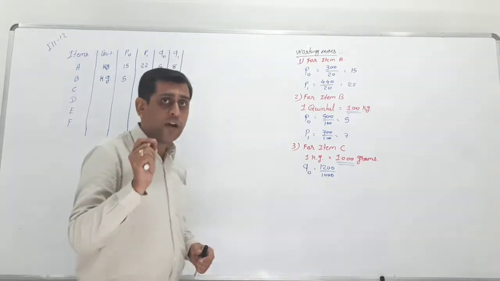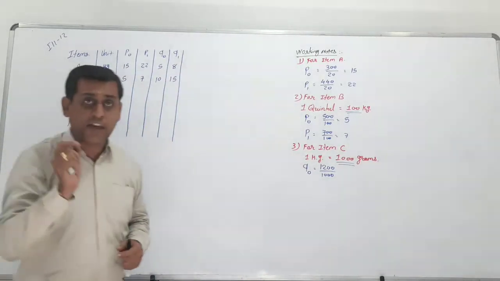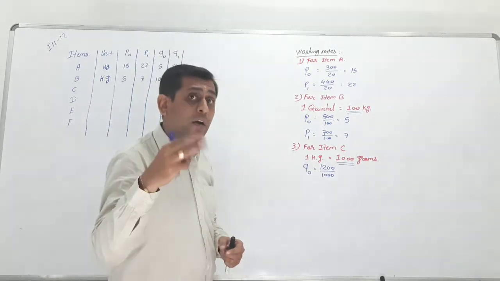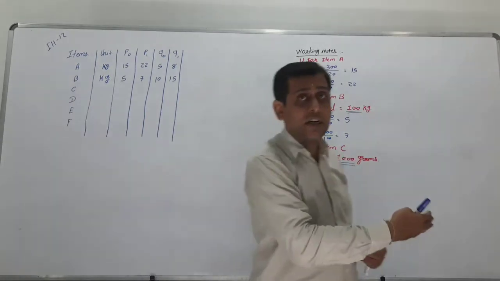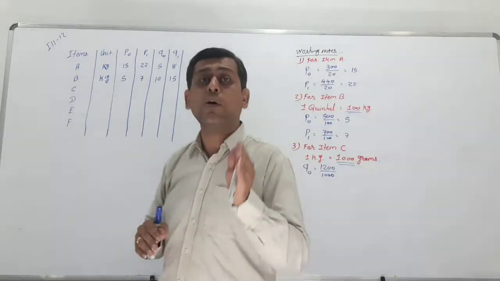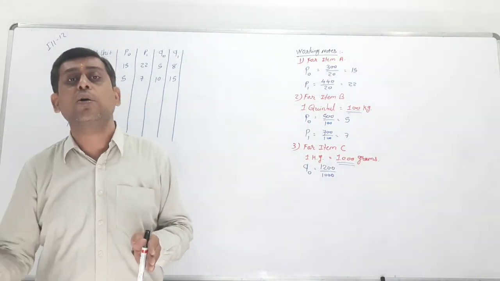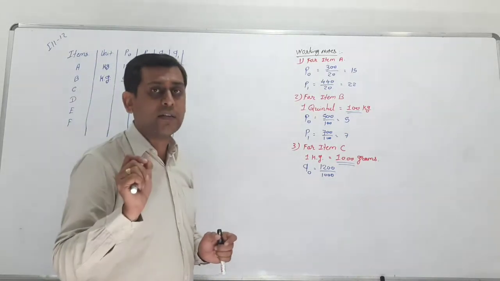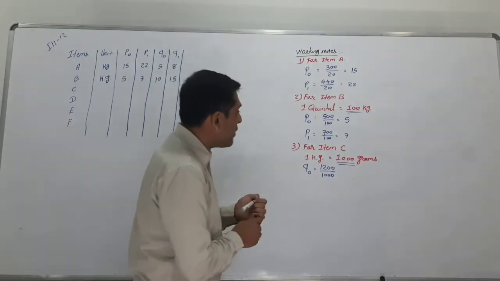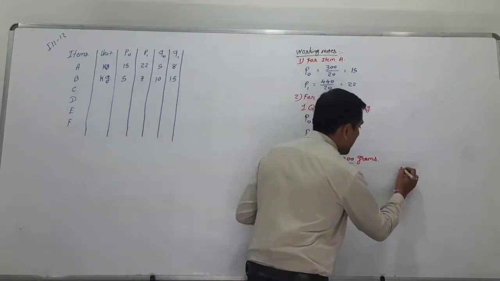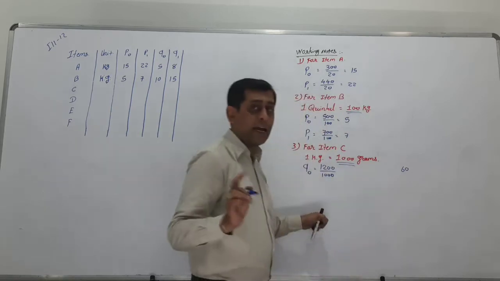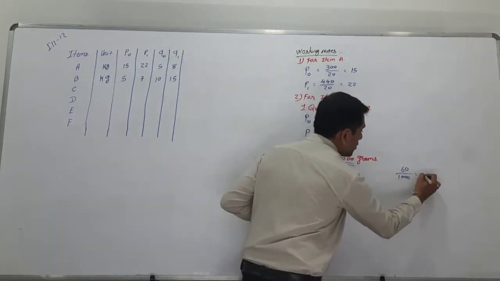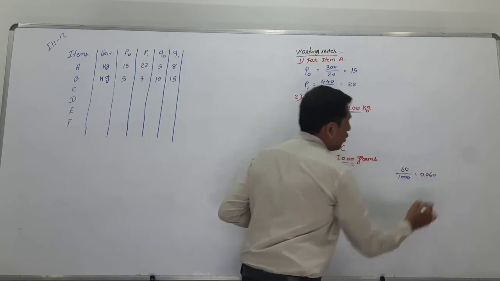Whenever we are changing the price and the answer has 3 or more digits after the point, then we should not convert the price, but we should convert the quantity. In any way we can get the exact answer. See, I give you an example. If I am converting the price 60 divided by 1000, what is the answer? 0.060.